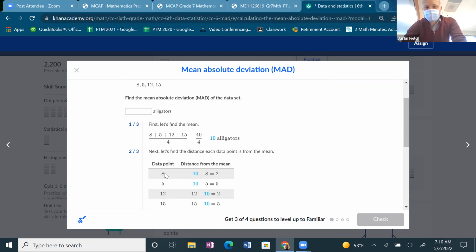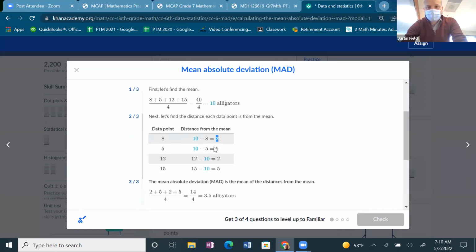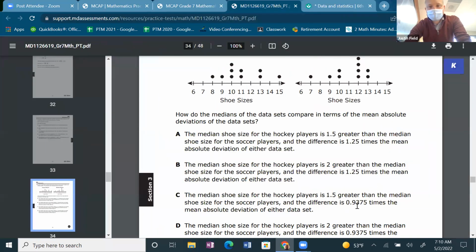Then you subtract the mean from each data point, and if you get a negative number, you just take the absolute value. Then you add all those answers up and divide by however many numbers there are. We would have to do that with each data set. I'm not going to do that at this moment, but you can give it a try, and then you would see that the difference is 0.9375. All right, we're done with section 3.